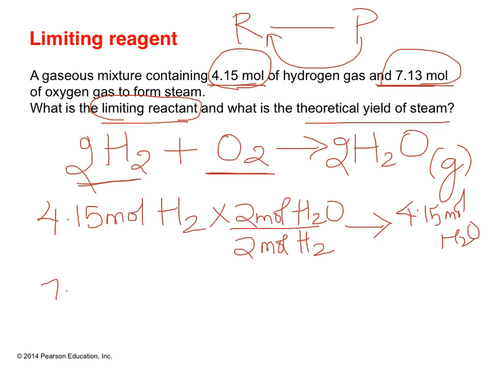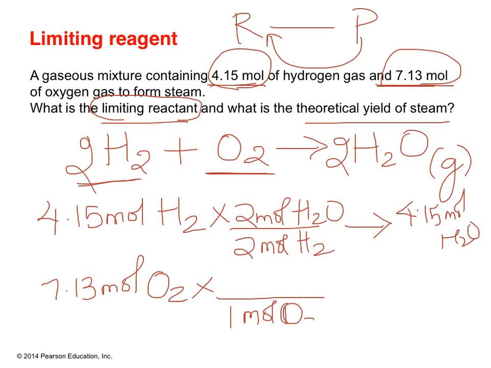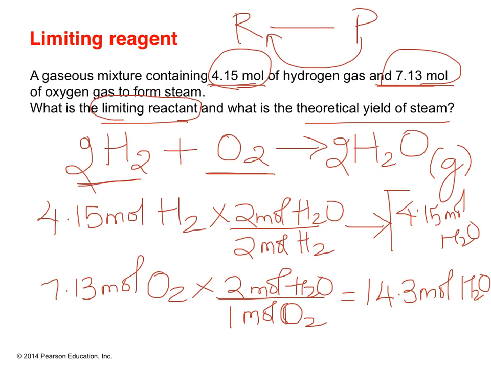Then we have 7.13 moles of oxygen, and every 1 mole of oxygen yields 2 moles of steam. So here we end up with 14.3 moles of water. Once you get this, make sure they both are in either moles or grams.